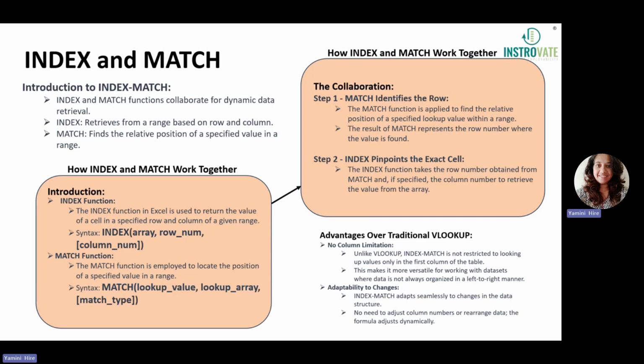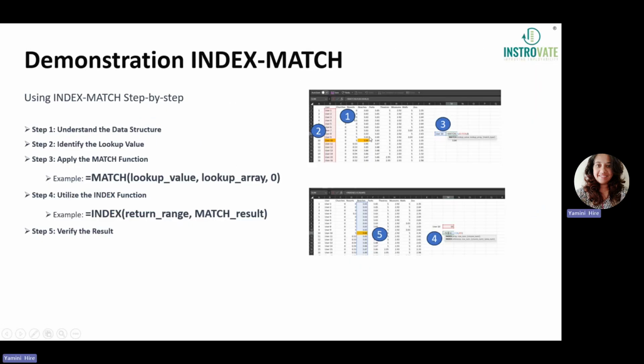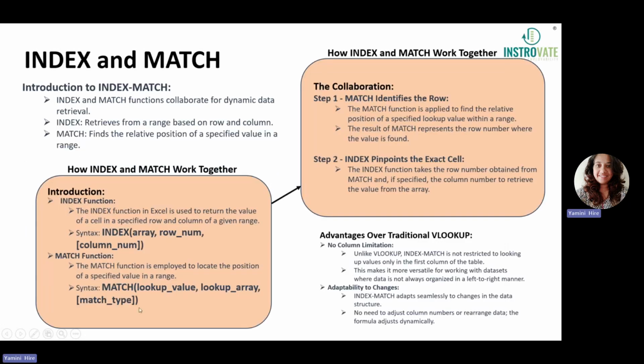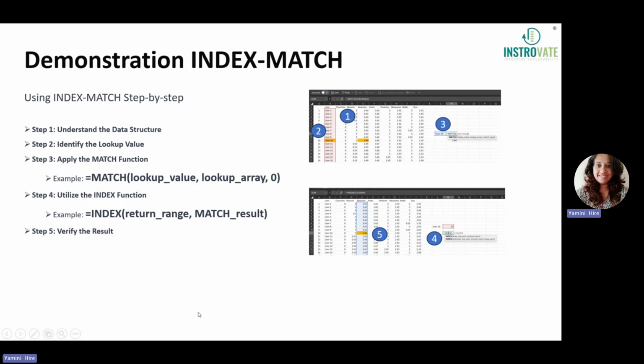Okay, so what we do, you can take any value and match that one, take that value as a lookup value and set the lookup area. Okay, there are three match types. 0 means exact match, 1 is greater than, and -1 is less than.